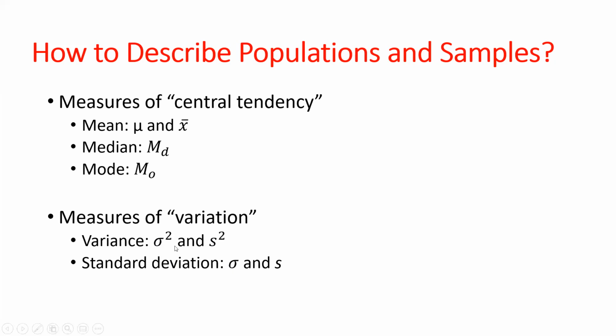Notice we use the same Greek letter here. So sigma is the standard deviation and sigma squared is the variance. S would be the sample standard deviation. S squared is the sample variance. So it's just like we're scaling the variance, right? We're taking the square root of the variance to get the standard deviation. But this will be the notation that we use, all right? Any questions on that?